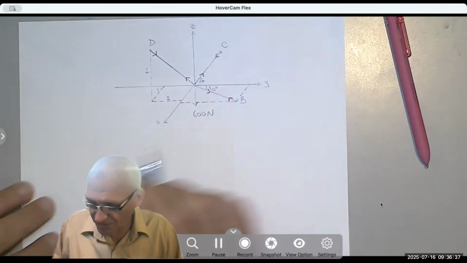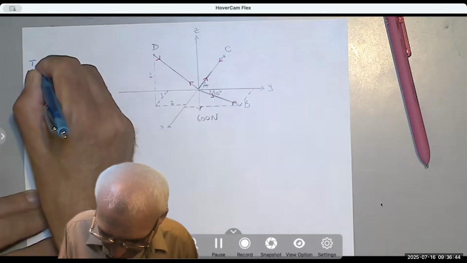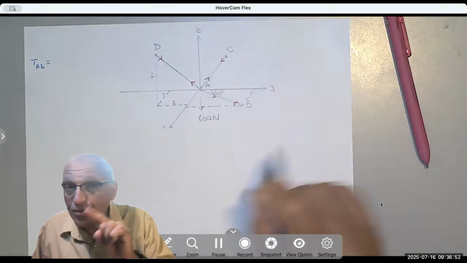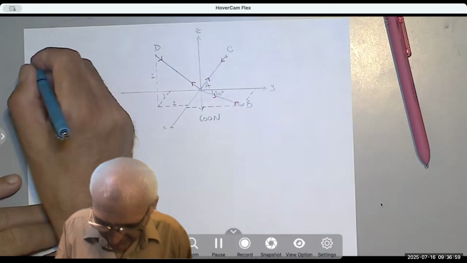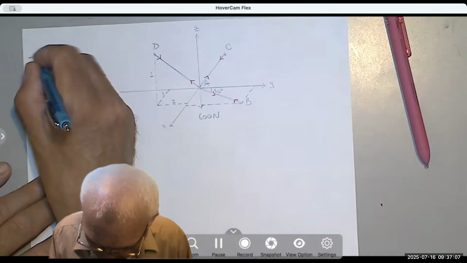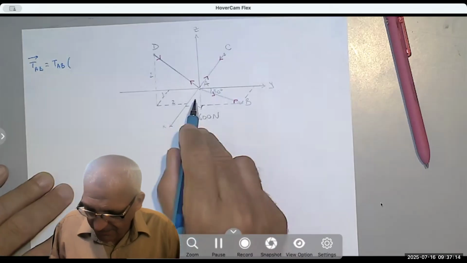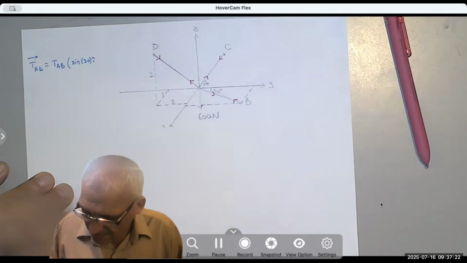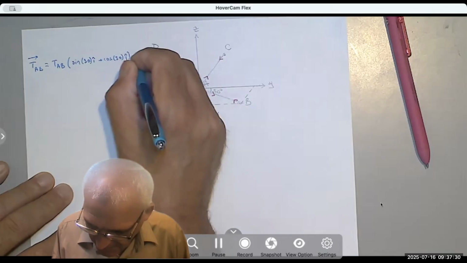So each force first. If I start with TAB, for example, the force is in the XY plane, and it makes an angle of 30 degrees with the Y, not the X. So the TAB as a vector equals TAB times sine 30 i, because that's the X, and it's a positive Y also, plus cosine 30 j Newton.